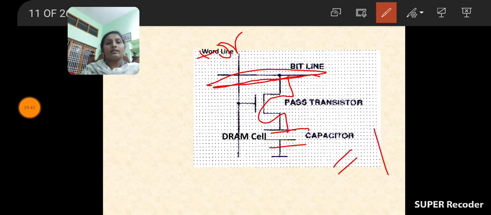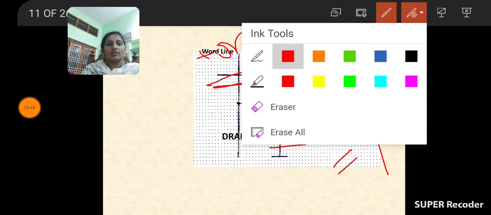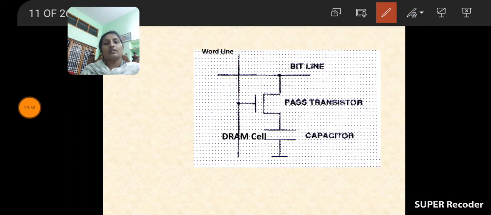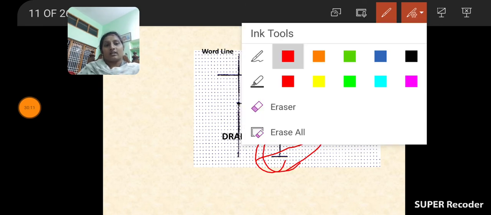If the capacitor is disconnected from the word line, the capacitor starts discharging. Discharging of the capacitor indicates the bit stored is 0, and charging of the capacitor indicates the bit stored is equal to 1, and the energy would be applied to the capacitor through the transistor. Is it clear?